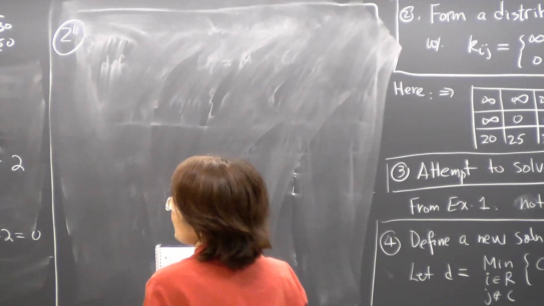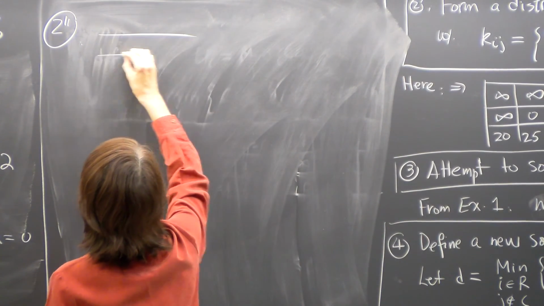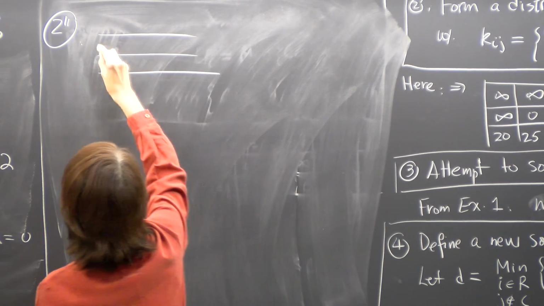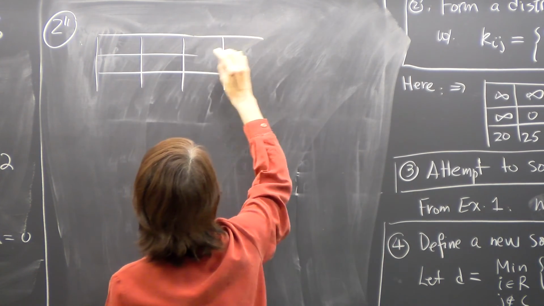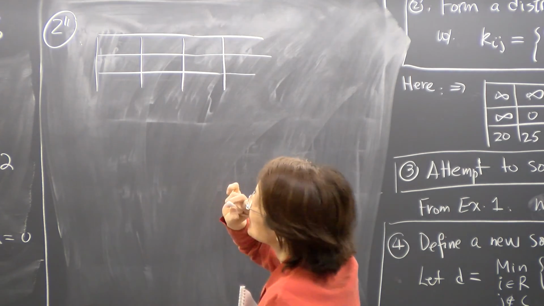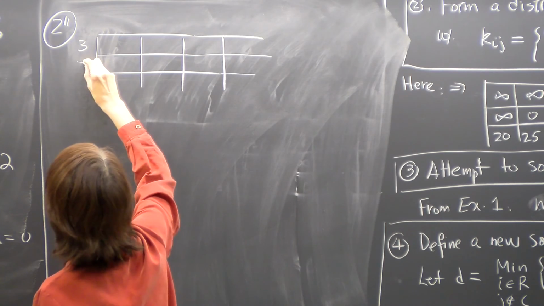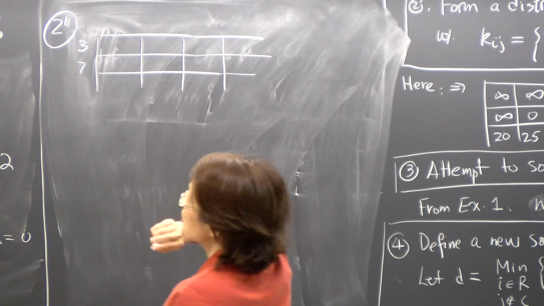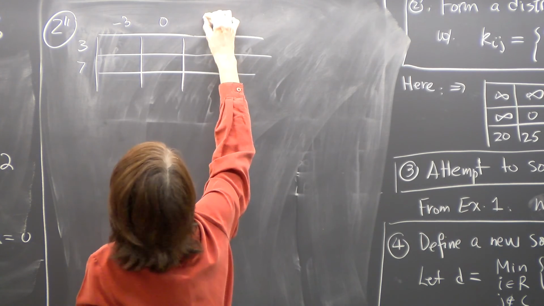Let's set the table. This is 3, this is 7. That's the new U. And the V will be -3 and 0 and 4.